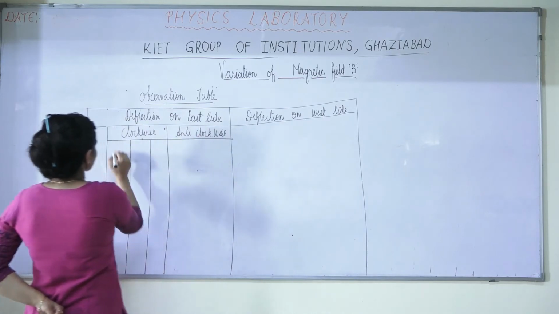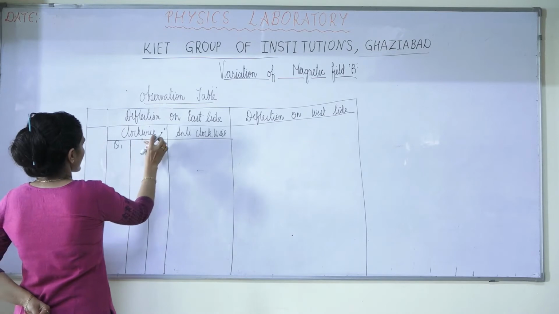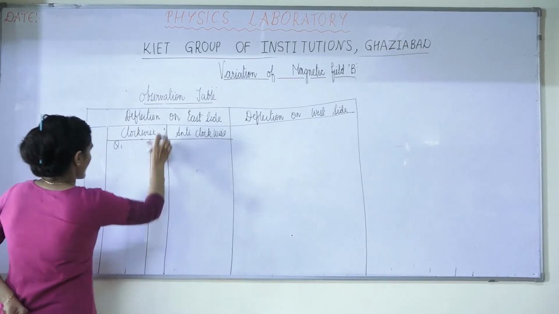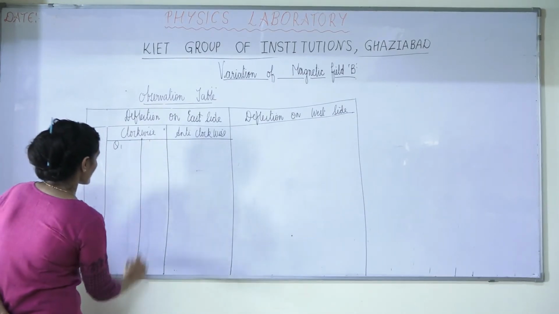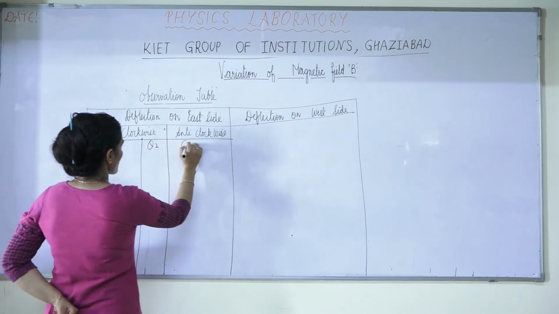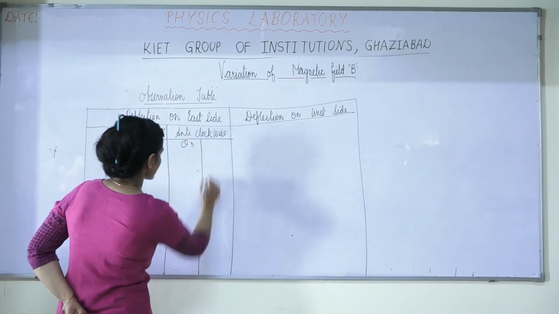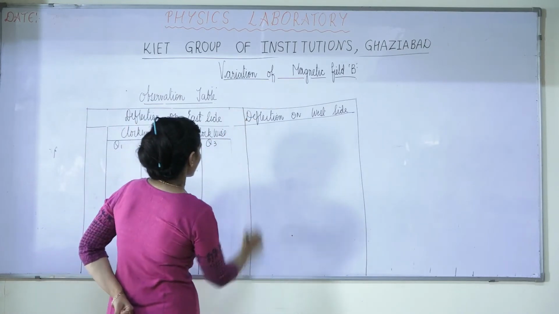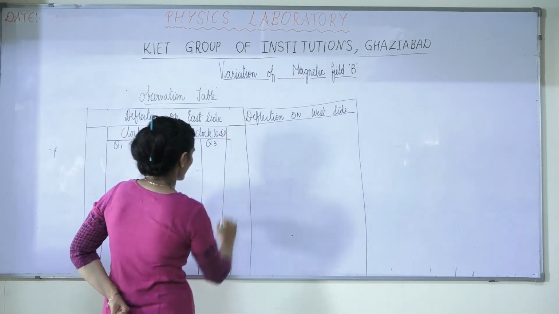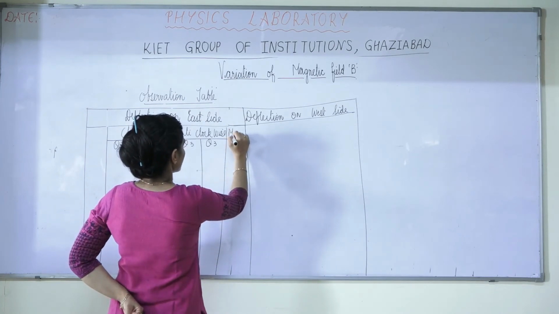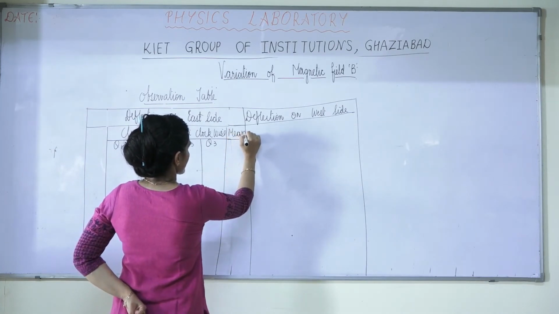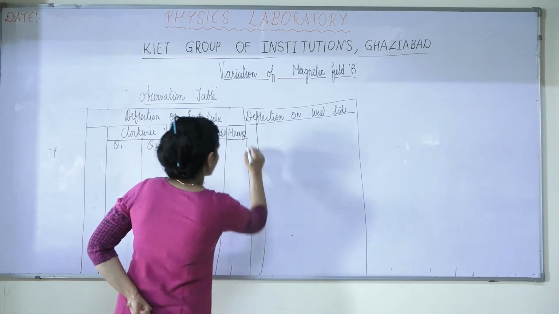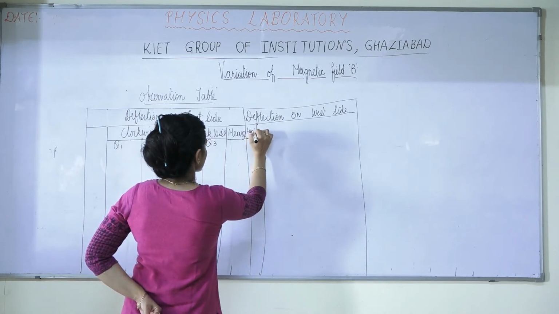So in the clockwise direction, I will note down the reading as theta 1 and theta 2, and in anti-clockwise I will note down the reading as theta 3 and theta 4, and after that I will have another column, that is mean theta and tan theta.